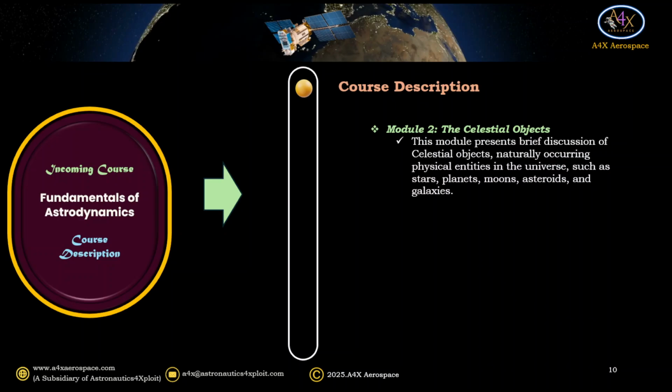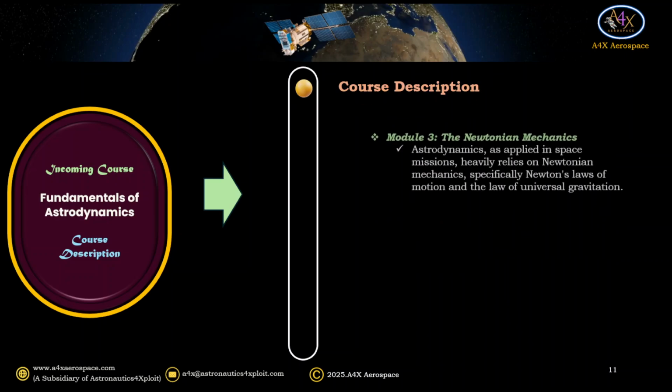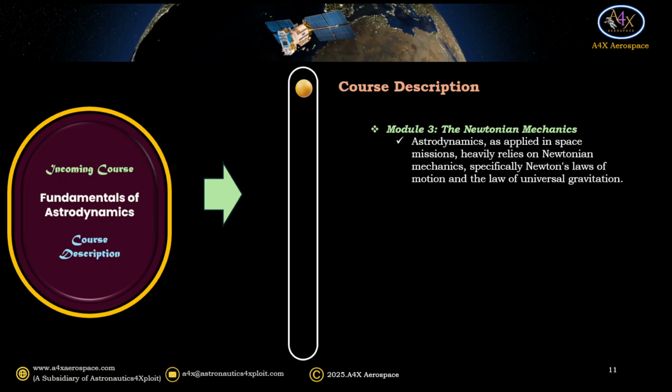This module presents a brief discussion of celestial objects, naturally occurring physical entities in the universe, such as stars, planets, moons, asteroids, and galaxies. The celestial sphere, celestial longitude and latitude, precession, nutation, and variation of latitude are also discussed in this module.